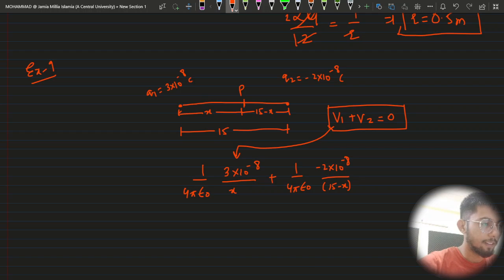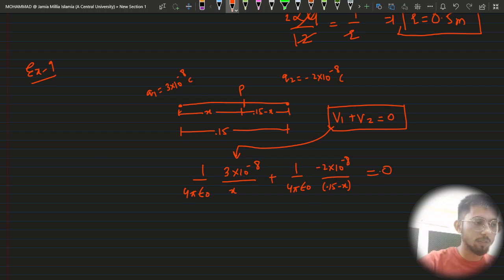We should not write 15 minus x because that is 15 centimeter; it should be 0.15 minus x. We need to change it to meters, right? This sums up to 0.